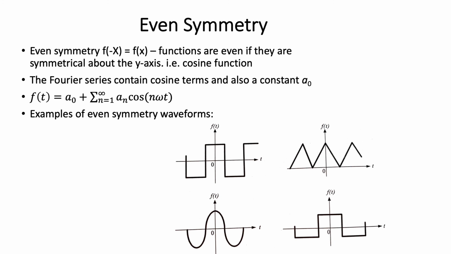The Fourier series contains cosine terms and also a constant a naught. Therefore, the Fourier series equation for an even symmetry signal is given here: f(t) equals a naught plus the summation of n equal to 1 to infinity of an cos n omega t. The figures below show examples of even symmetry waveforms.